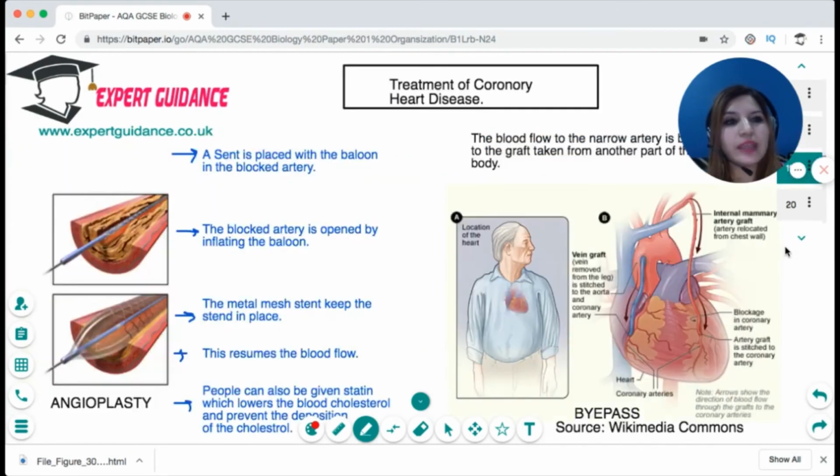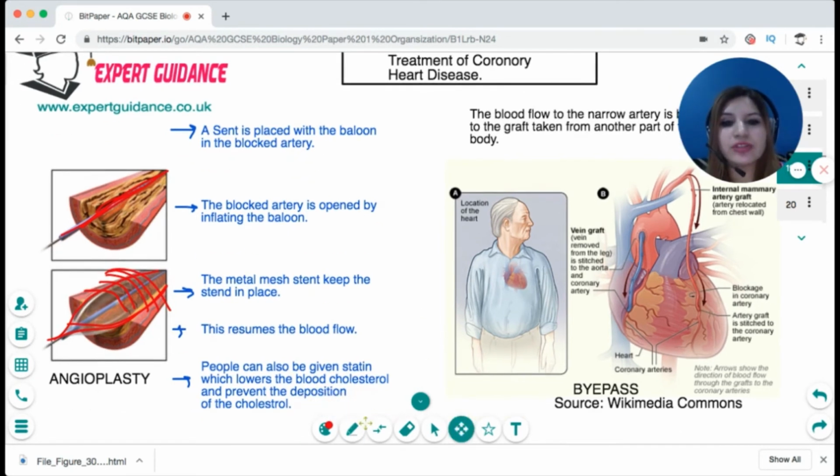Now, how can we improve that? We can insert a stent. A stent, which has a balloon with it, is placed into the blocked artery. The balloon is inflated and opens the blocked artery, and a mesh stent made of metal is placed which holds the narrow artery open and prevents it from collapsing again.